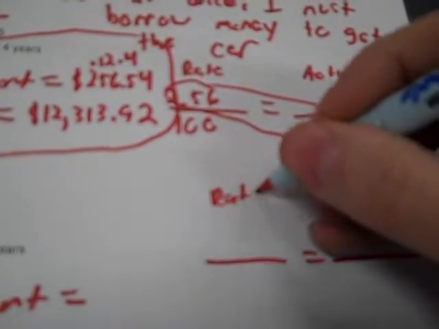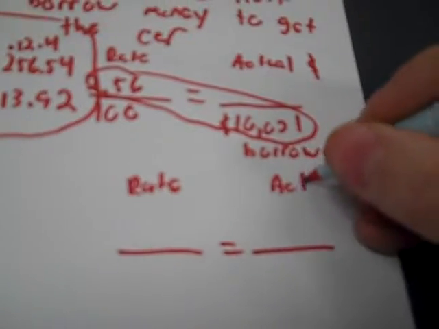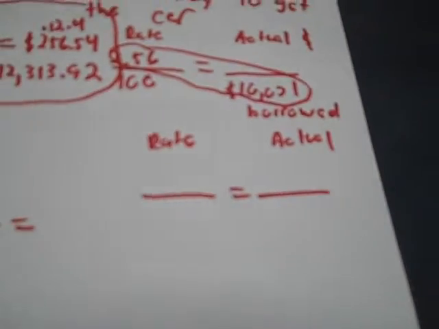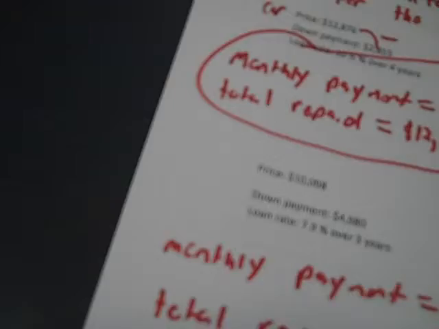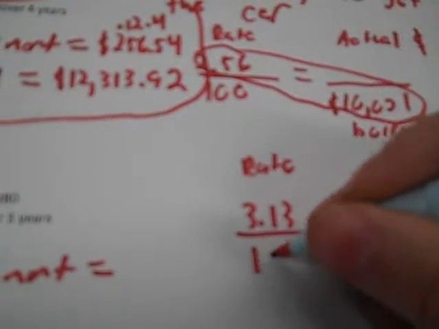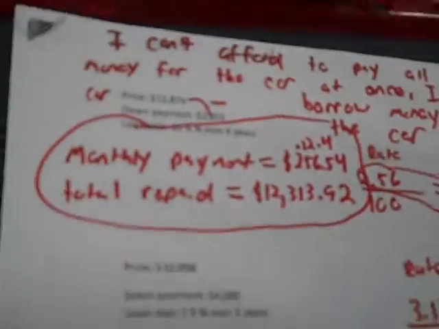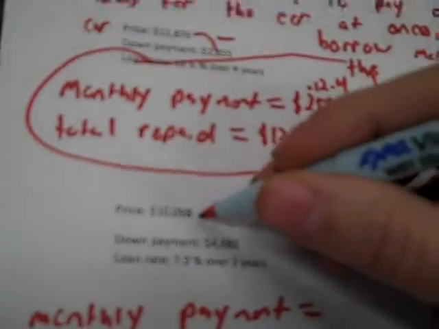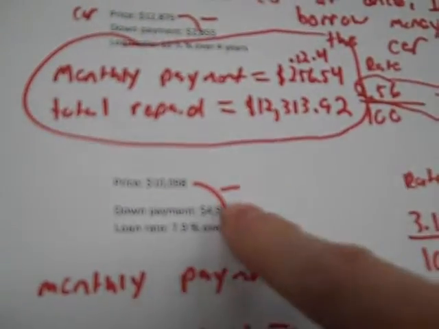Okay, so we got the rate and the actual amount that I borrow. Okay, rate, actual. So 7.9% over 3 years is $3.13 per 100. So $3.13 over 100.